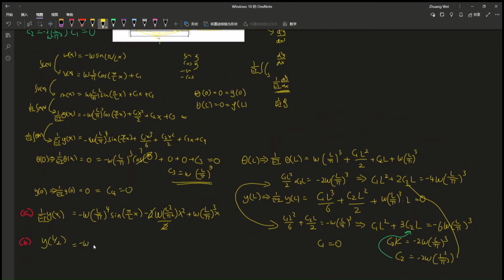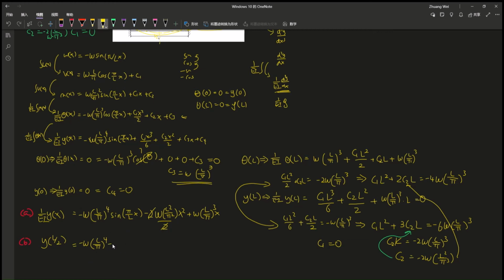So L over 2, right? What is sine of pi over 2? 1, right? So that's going to give us 1. Perfect. We'll just leave it the way it is.